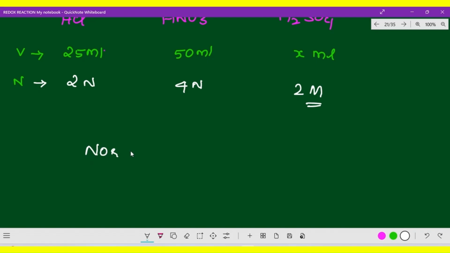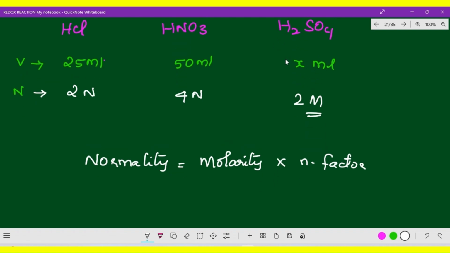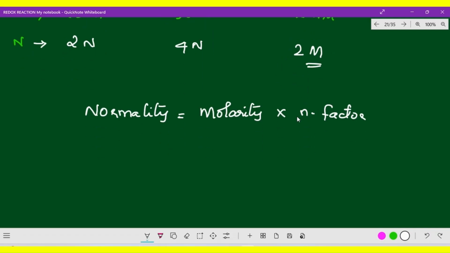Generally normality equals molarity into n factor. Actually for H2SO4, n factor is 2. Molarity they have given here, and n factor in H2SO4 is 2.